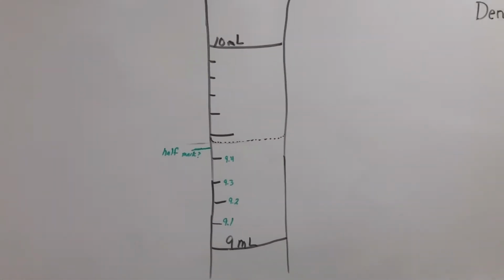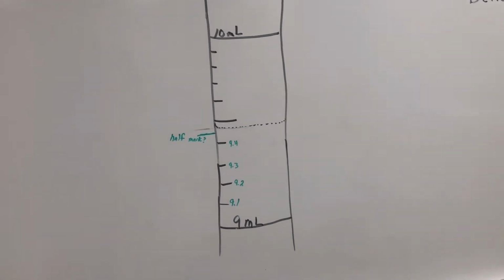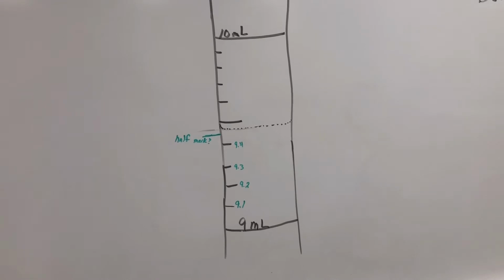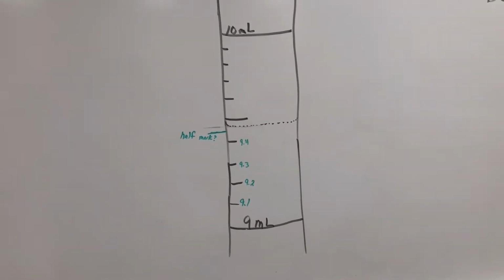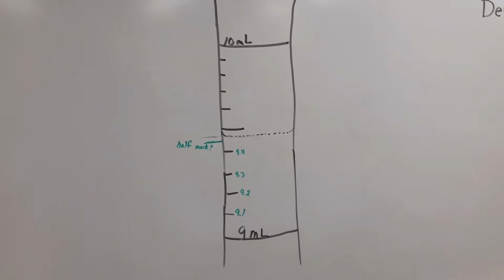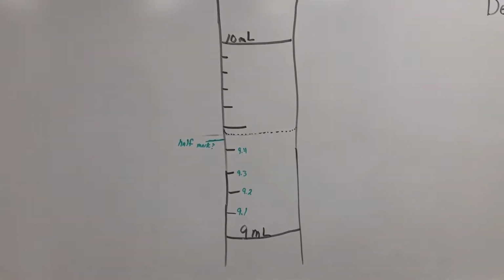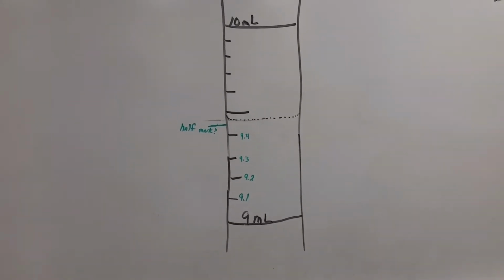Let's say this was our 10 milliliter graduated cylinder, and this was the volume, the little dotted line there. If we were to look at the graduations, we have the major graduations at 1 milliliter apiece, and then the minor graduations at 0.1 milliliters. So where would we measure this out to?